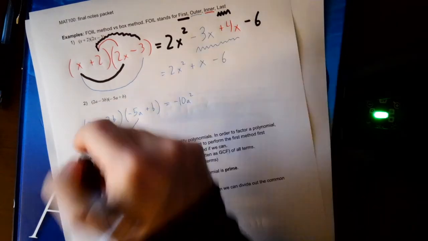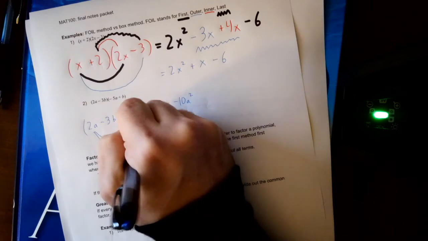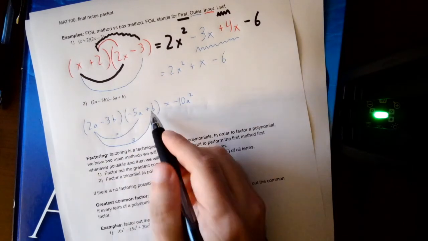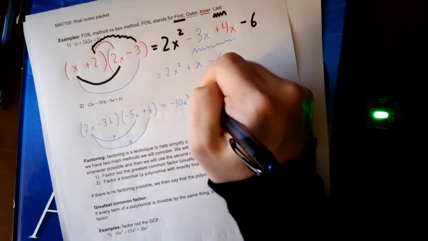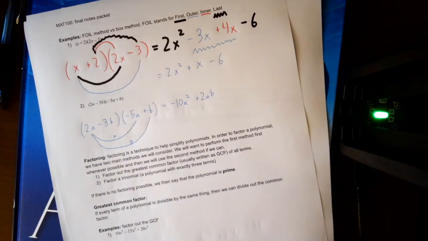Then we'll do outer. So we did first, then we'll do outer, which is 2a times b. So that'll be plus 2ab, right? When you multiply those together, it's 2ab.